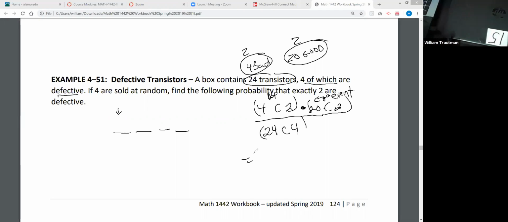I'm not a big fan of these. So let's type in this probability. You get these really small, really off the wall probabilities.